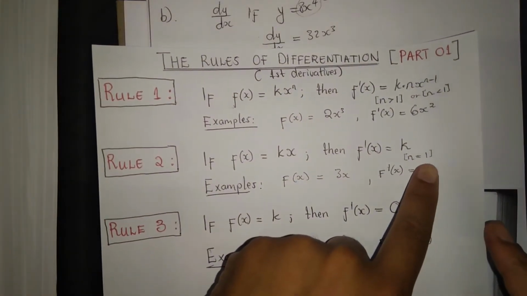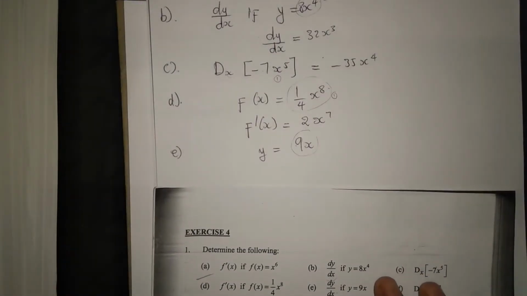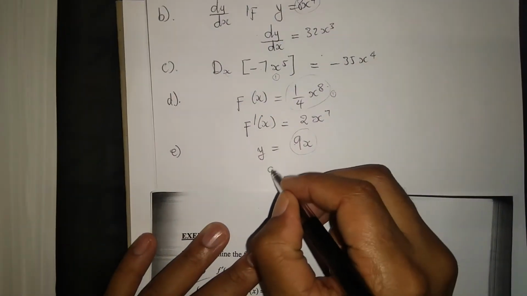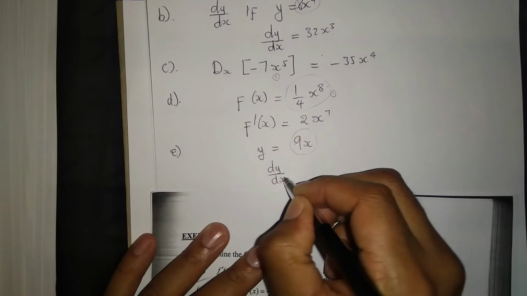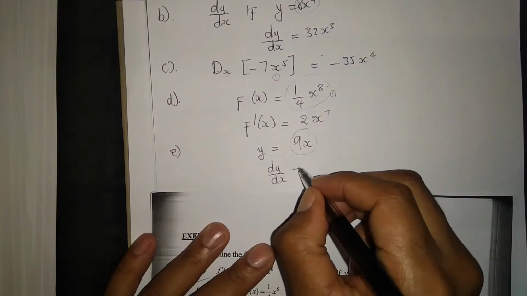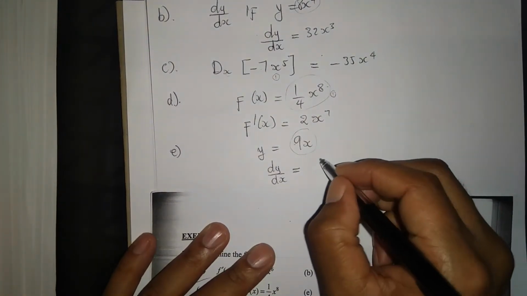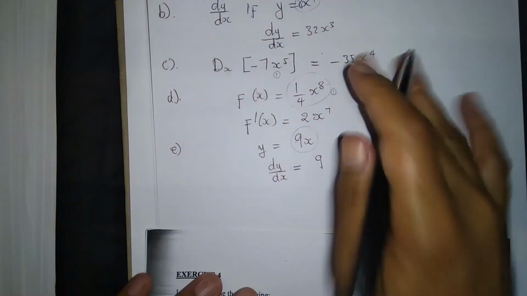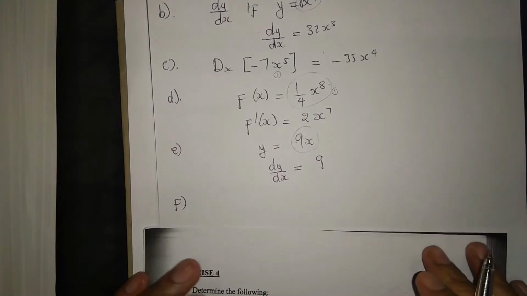N is equal to 1. So this is rule number 2. So therefore, isimbolo esoyisebenzisa dy over dx. This is equal to 9. Remember, rule number 2, we just drop the x.